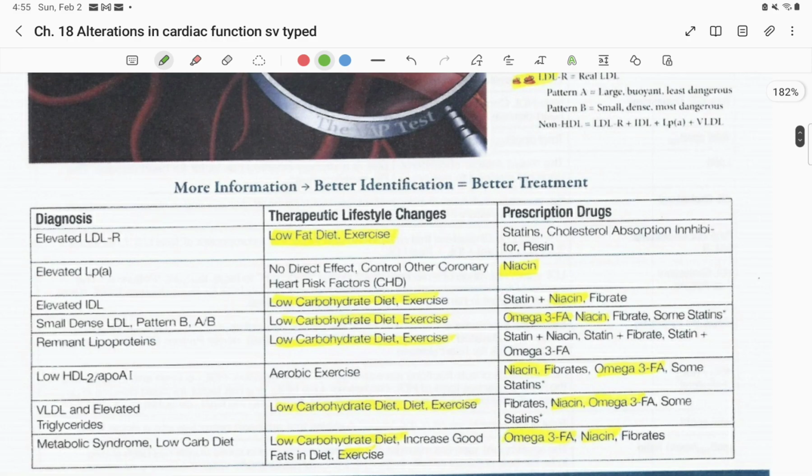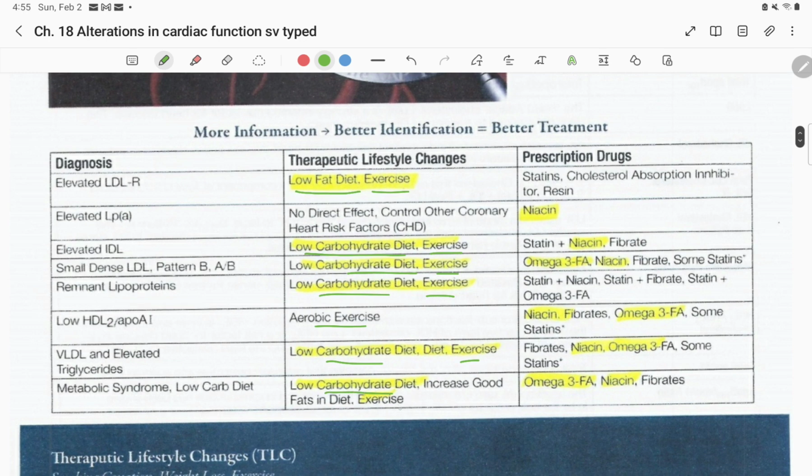Okay, if you notice a recurring theme here: low fat diet and exercise, low carbohydrate diet and exercise, aerobic exercise, low carb diet, exercise. Niacin, omega-3s, niacin, omega-3s.